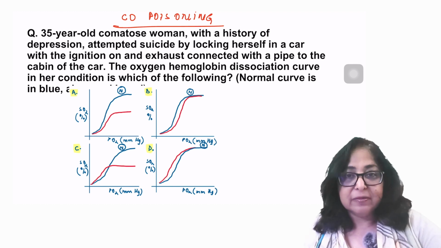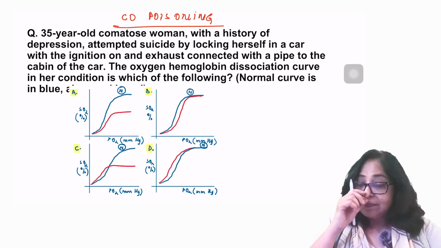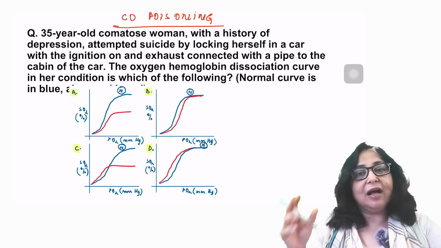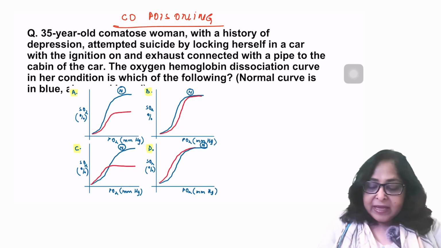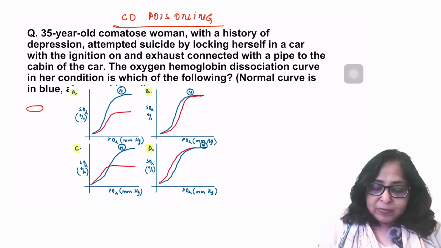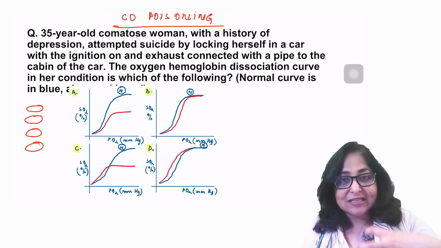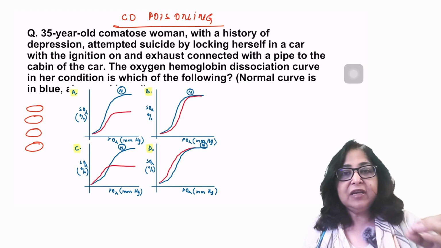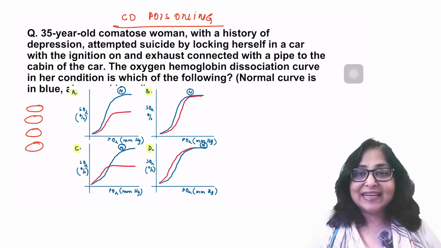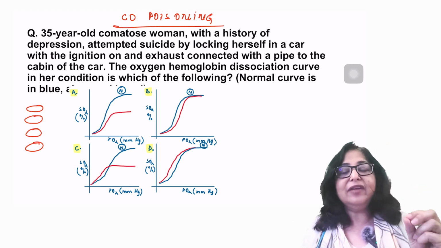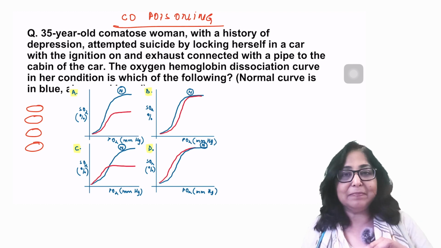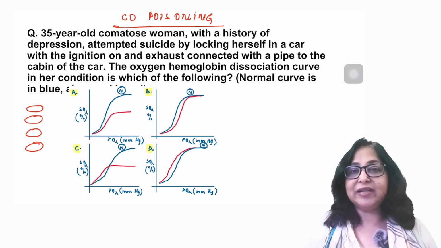Normal curve is in blue and the abnormal is in red. Now please understand what happens in carbon monoxide poisoning. Each hemoglobin has 4 heme. Whenever there is carbon monoxide in the inspired air, the affinity of carbon monoxide for heme is 210 times the affinity of oxygen for heme.